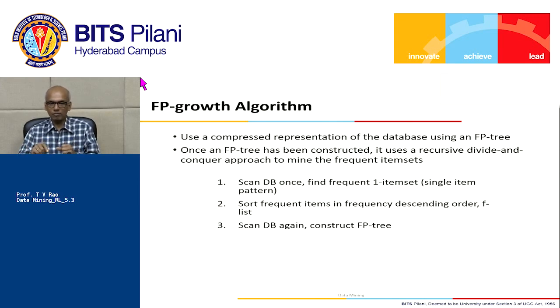If we have A, B, C, and C is the most frequent and A is the least frequent, then we represent this as C, B, A.